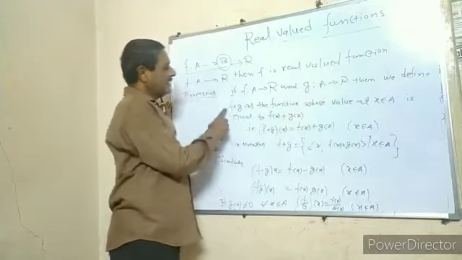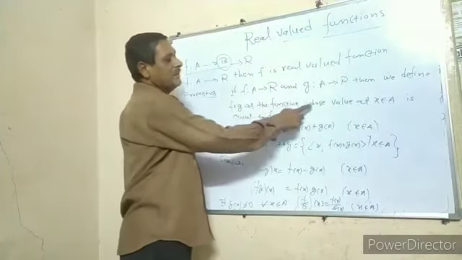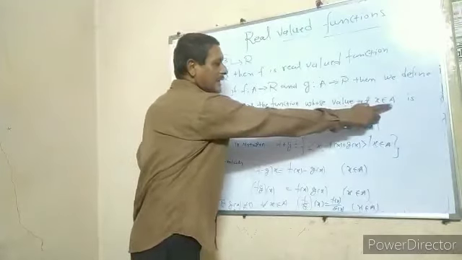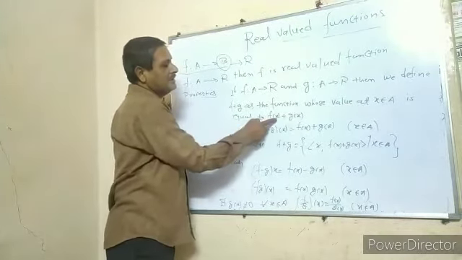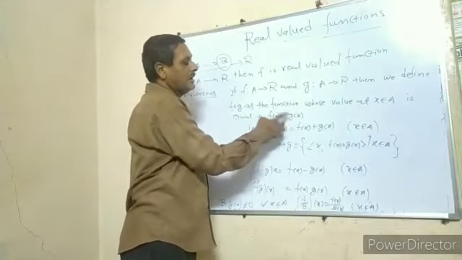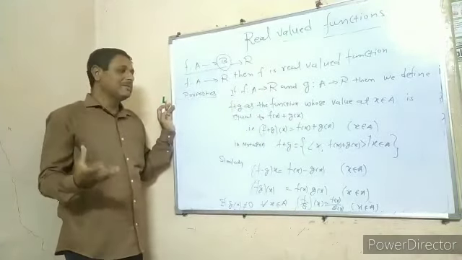Then we can define f plus g as a function whose value at a particular point x is equal to f of x plus g of x. This is a real number, and this is a real number. We know that the addition of two real numbers is a real number.